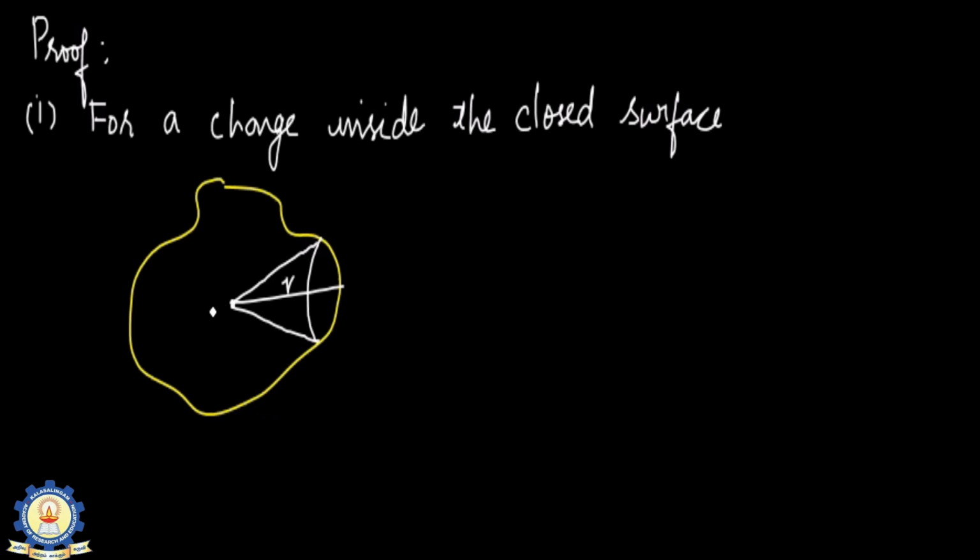The distance between the point and the differential element is r. So O is the center point and ds is the differential element. The angle subtended by the differential element with respect to the point O is given by d omega. Let plus q be the point charge at the point O.